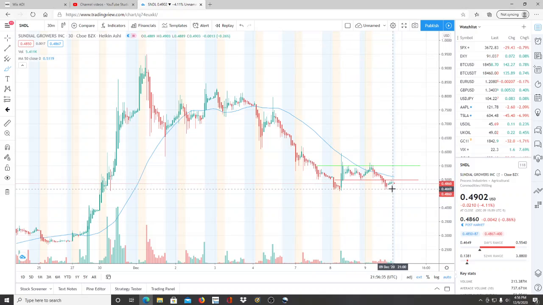They almost reached it today. They touched the 46 cent range, but they didn't break below it. They're in the high 46s, getting really close. Right now it's sitting at 48.60.